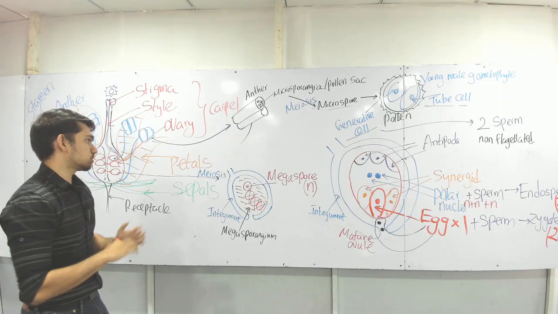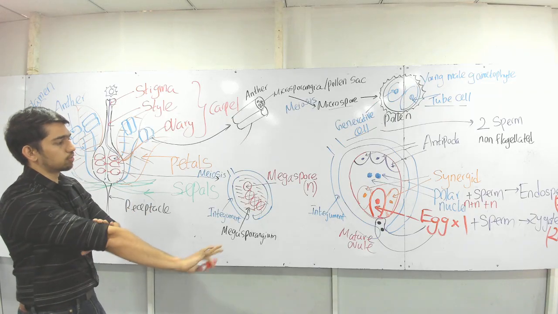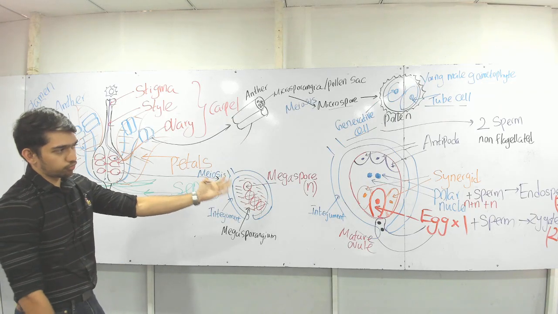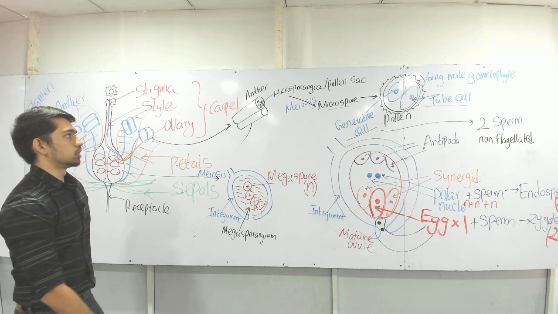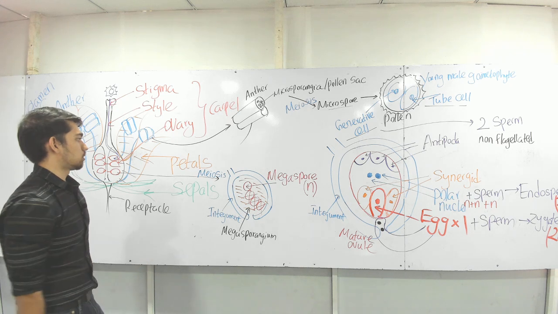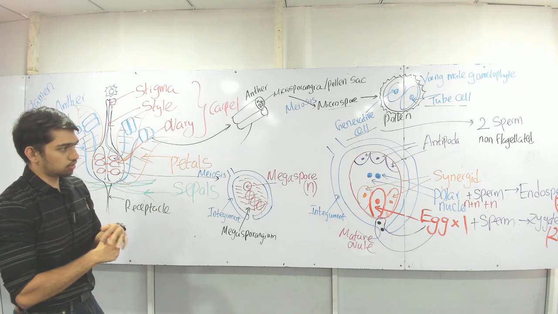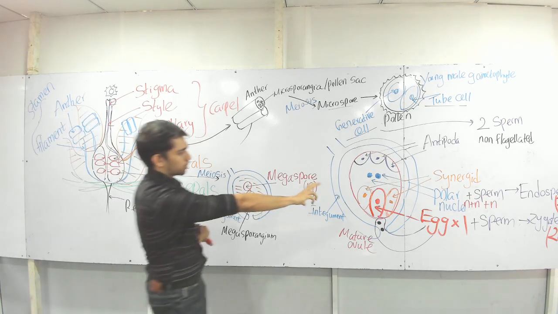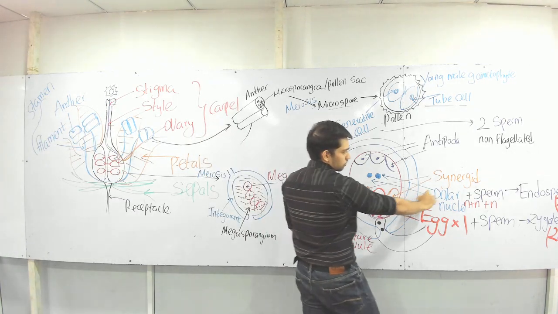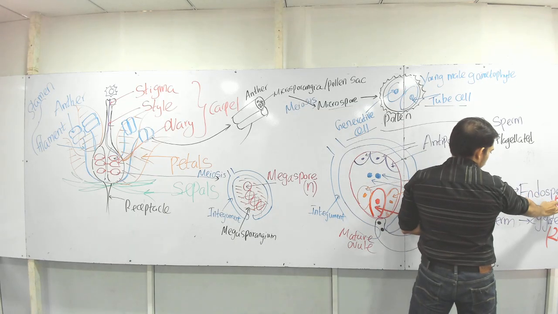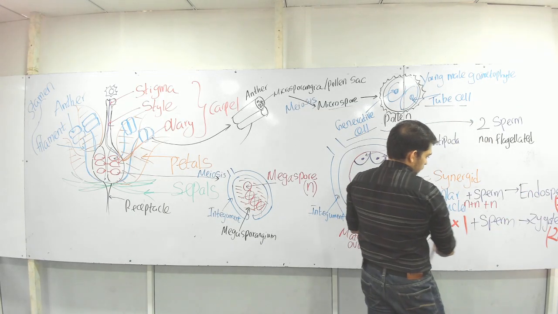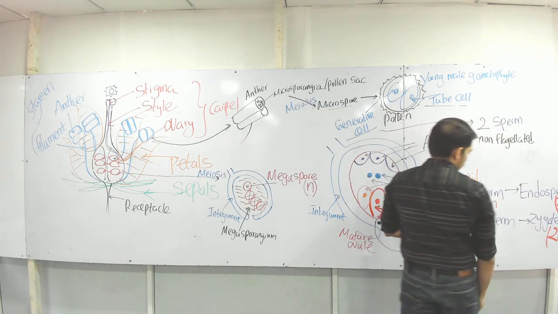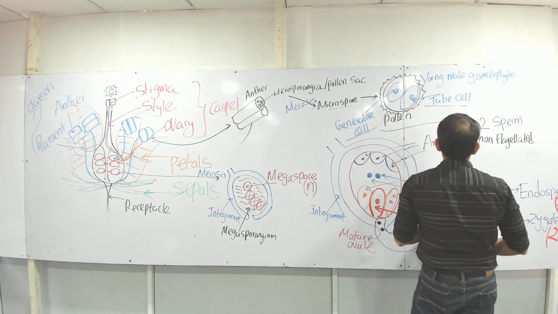Next week we'll finish this with the whole fertilization and development of fruit and dispersal. That's it for life cycles, the questions are done. At this point, add these few points. The polar nuclei plus sperm produces endosperm. One egg plus sperm produces 2n zygote.